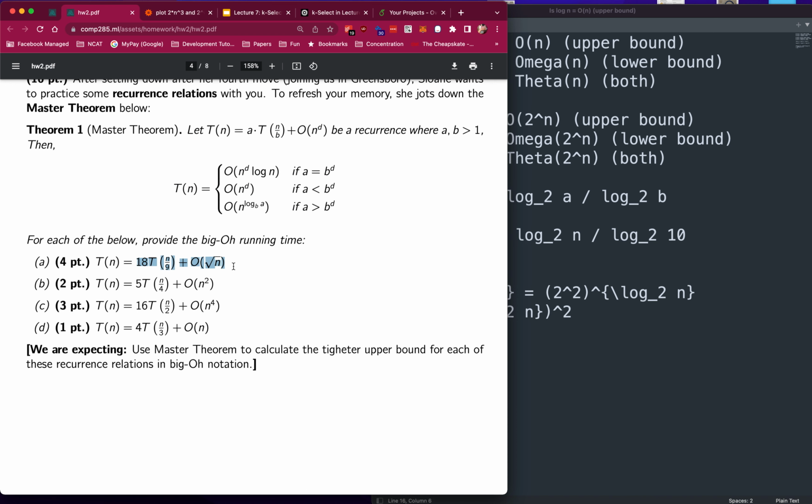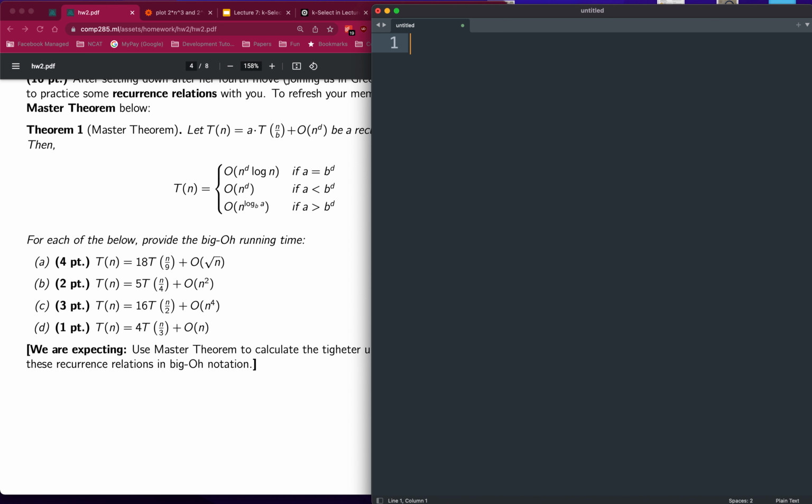Essentially what you want to do here is identify the values of A, the values of B, and the values of D. So in our situation, for the first one, for A we have a value of A equal to 18, a value of B equal to 9, and a value of D equal to 1/2. 1 divided by 2. Why is that? That's because the square root of n is the same as n raised to the 1/2 power.